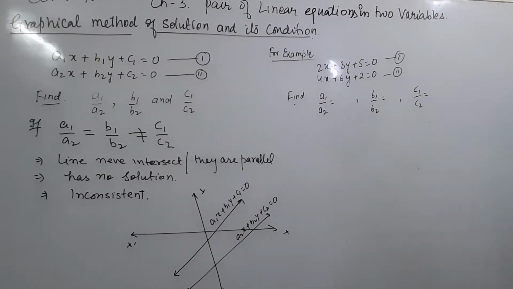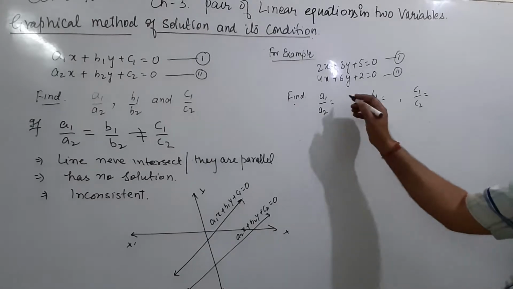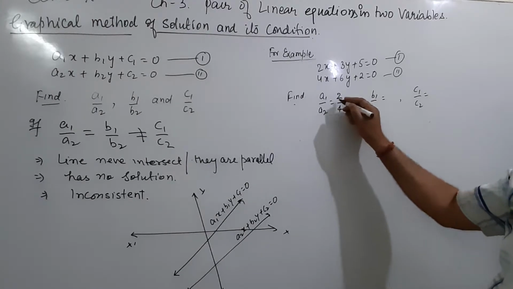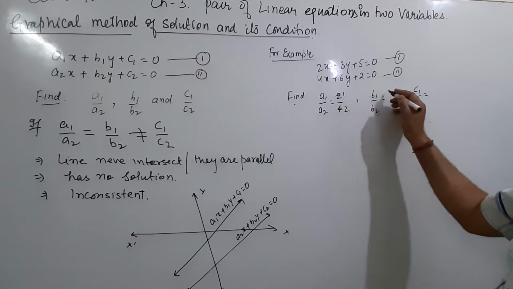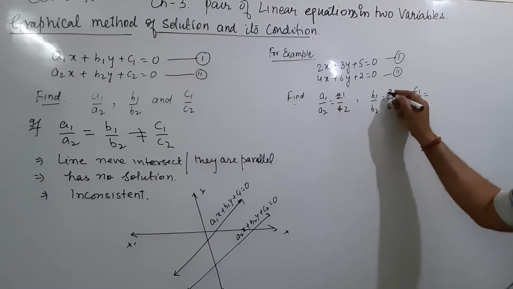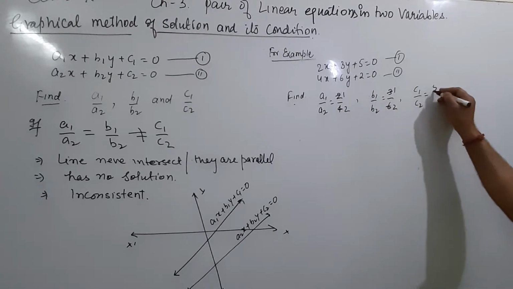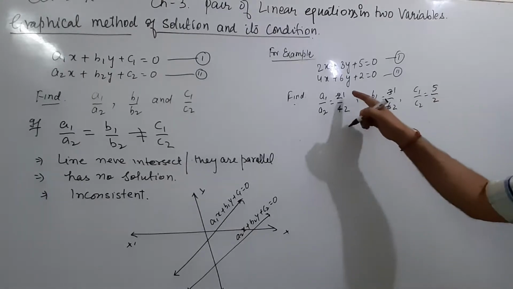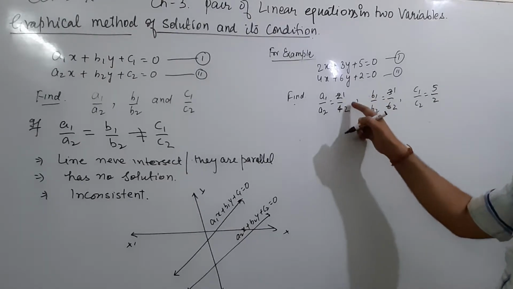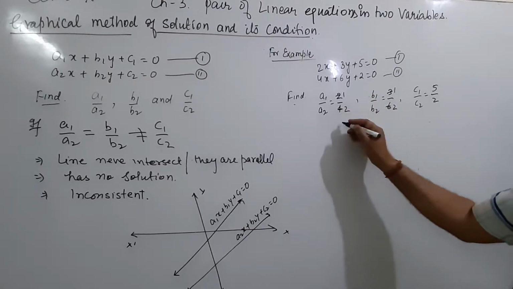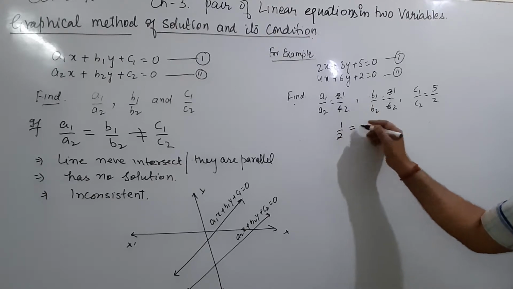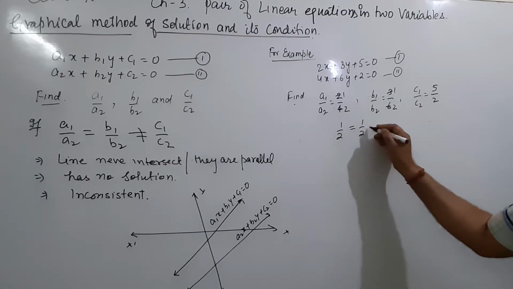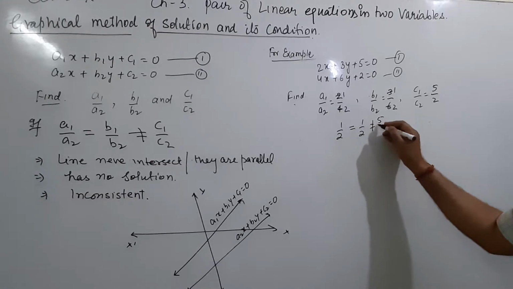Find it. That means 2 upon 4 is 1 by 2, 3 upon 6 is 1 by 2, and here it is 5 upon 2. It means this 1 by 2 equals this 1 by 2, not equal to 5 by 2.